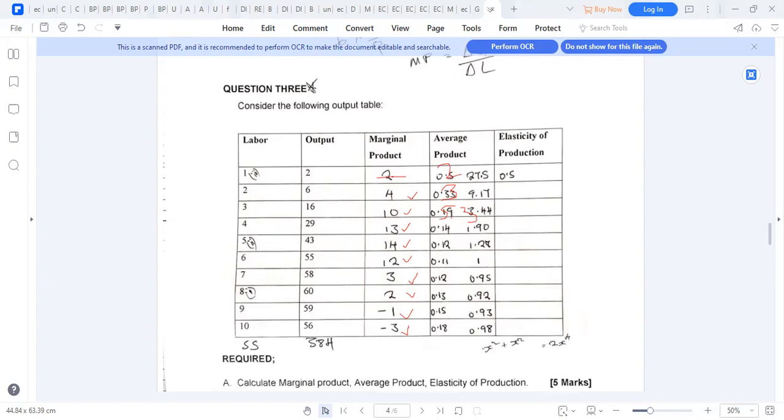So if we want to calculate the elasticity of production, we are just going to find 6 minus 2 over 2 divided by 2 minus 1 over 1. In short, it is our marginal.